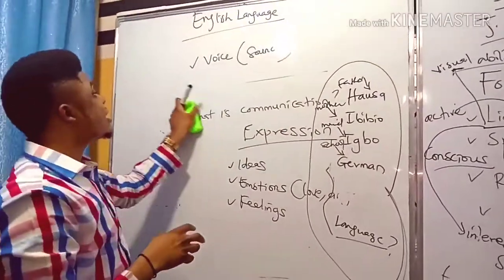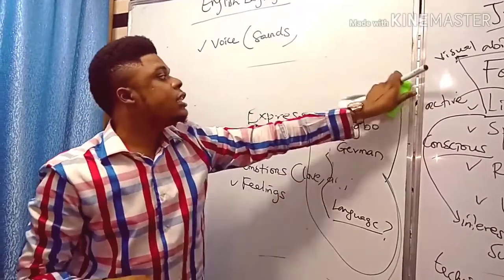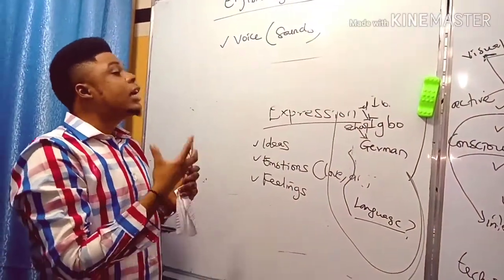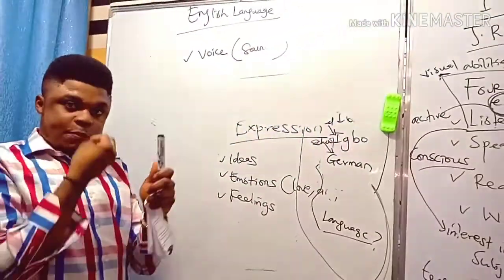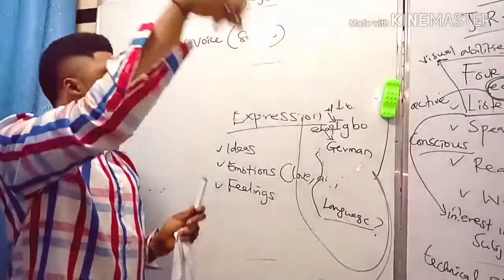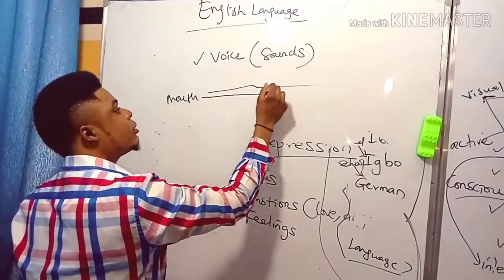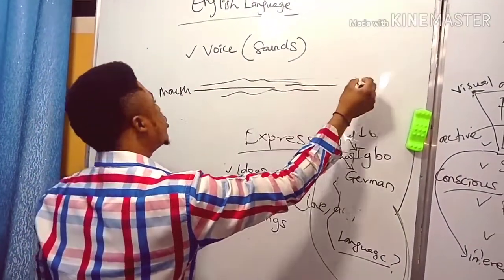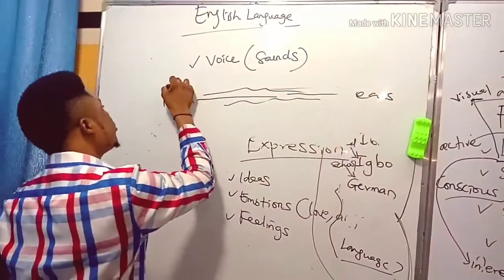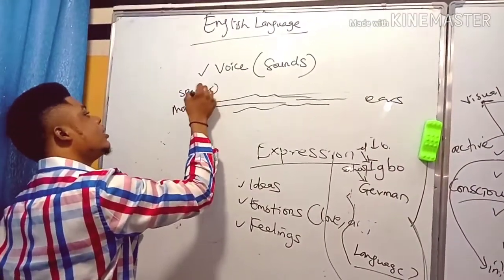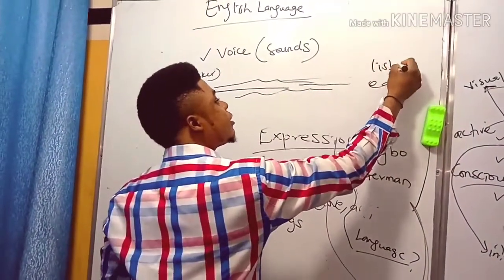When you speak, you release sound waves. And these sound waves go from the mouth of the speaker down to the ears. So mouth of speaker, ears of listener.